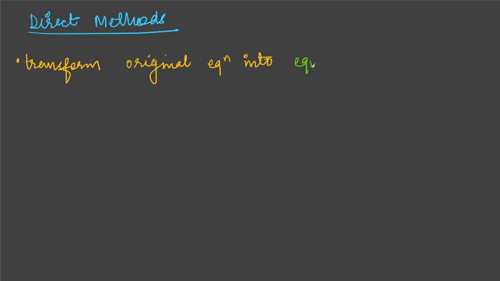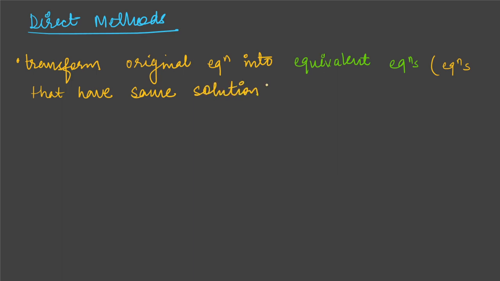We will see. Equivalent equations are those equations that have the same solution. Equations that have the same solution. So in short, I hope now you are understanding what I am trying to say.